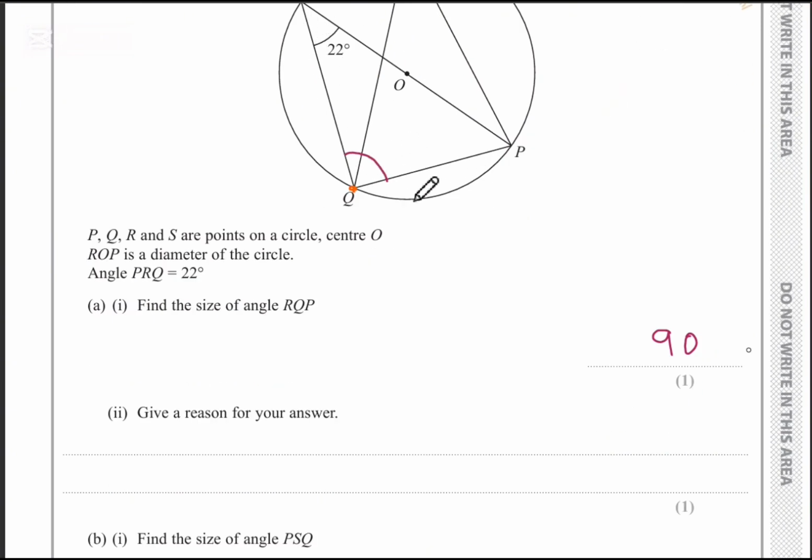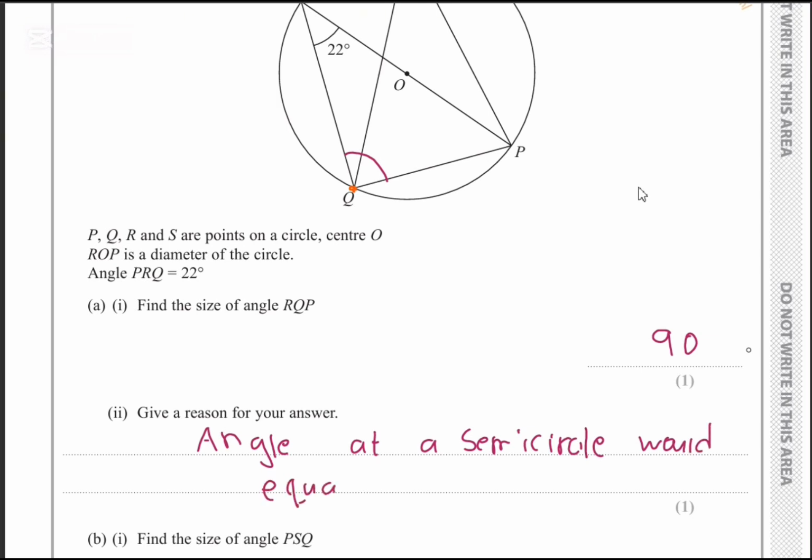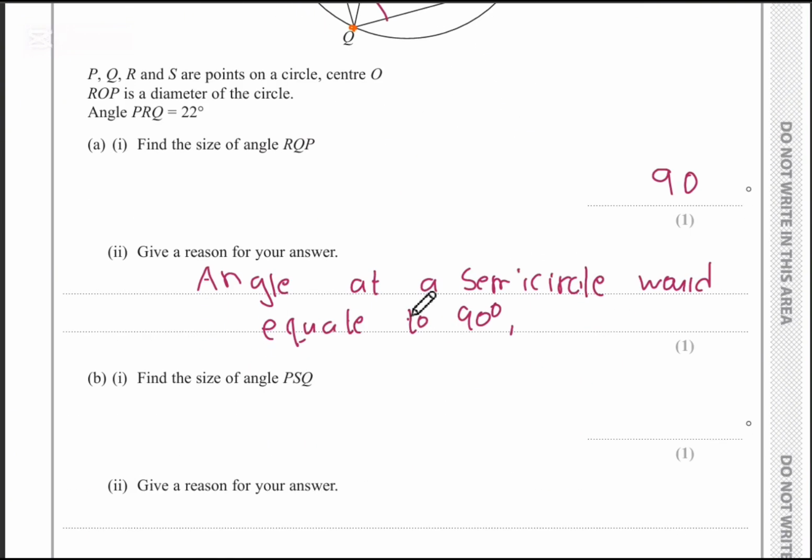Angle at a semicircle is always 90 degrees. These are your circle theorems, guys. Alright, hope you understood that.